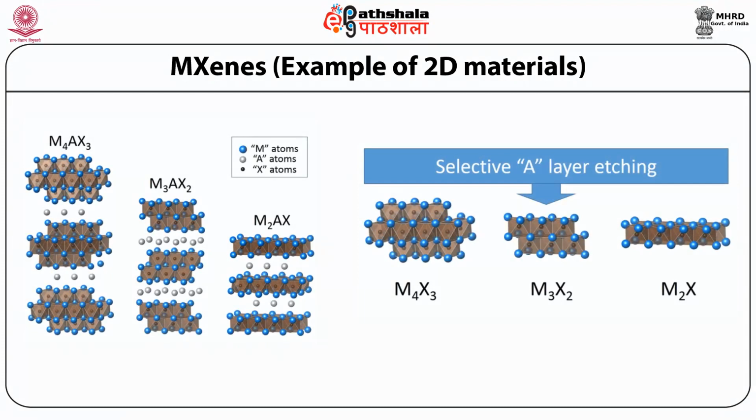I want to discuss MXenes, which are another 2D material. In material science, MXenes are a class of two-dimensional inorganic compounds. These materials consist of few-atoms-thick layers of transition metal carbides, nitrides, and carbonitrides.